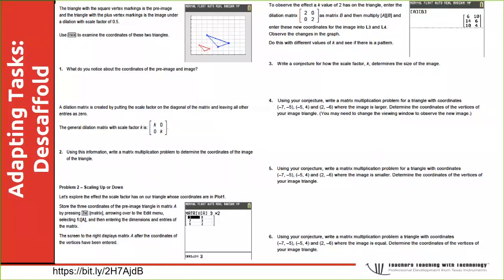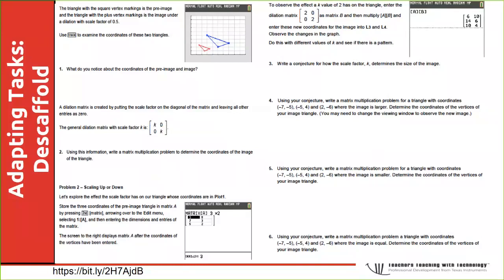I think people have had enough time to think. Okay, some good suggestions, and I think they're related to each other. Give the coordinates of both triangles and ask about the relationship, and that could lead to, well, what is the dilation matrix? How would that work?